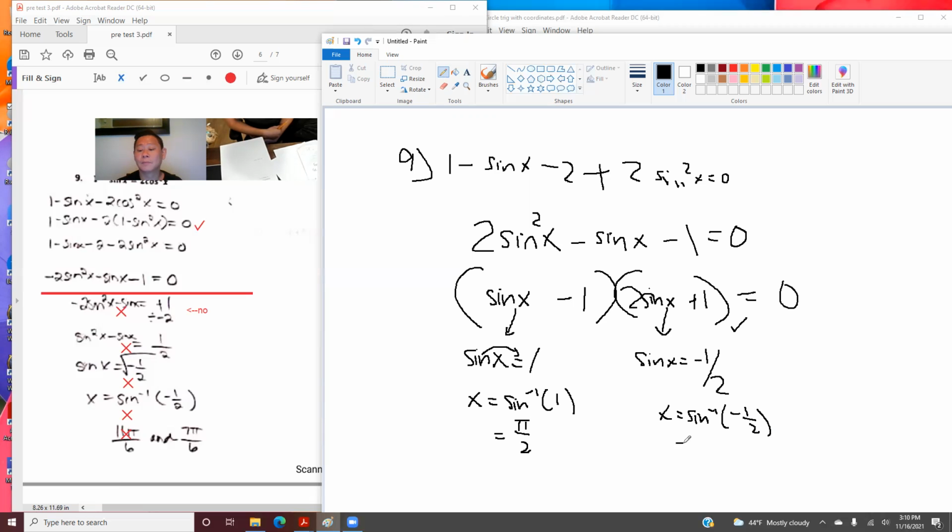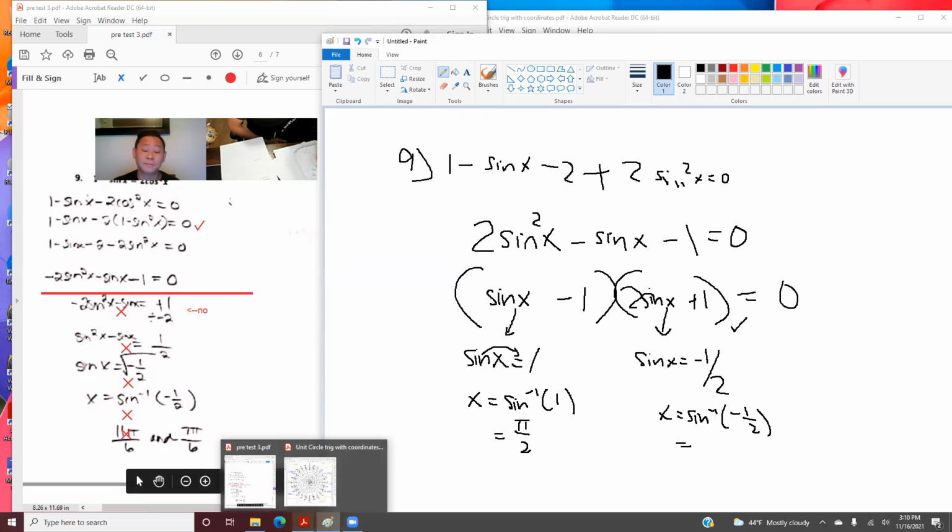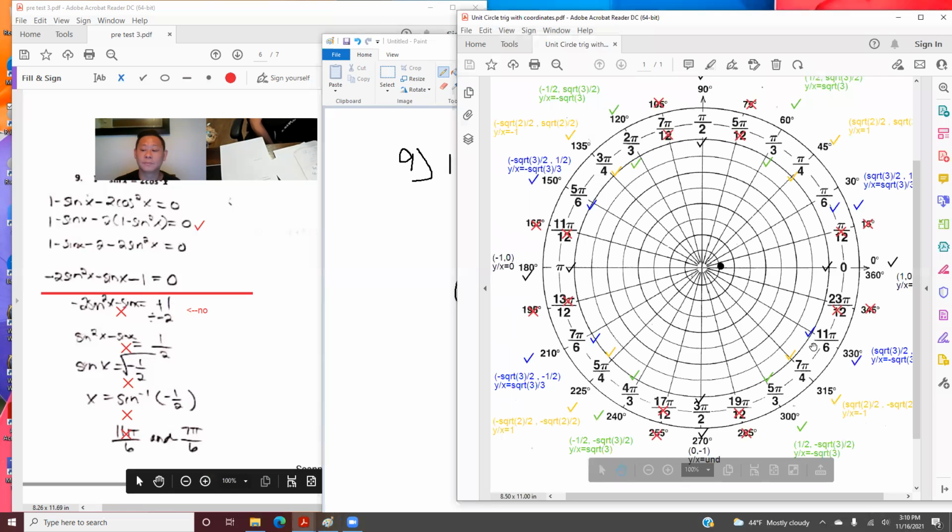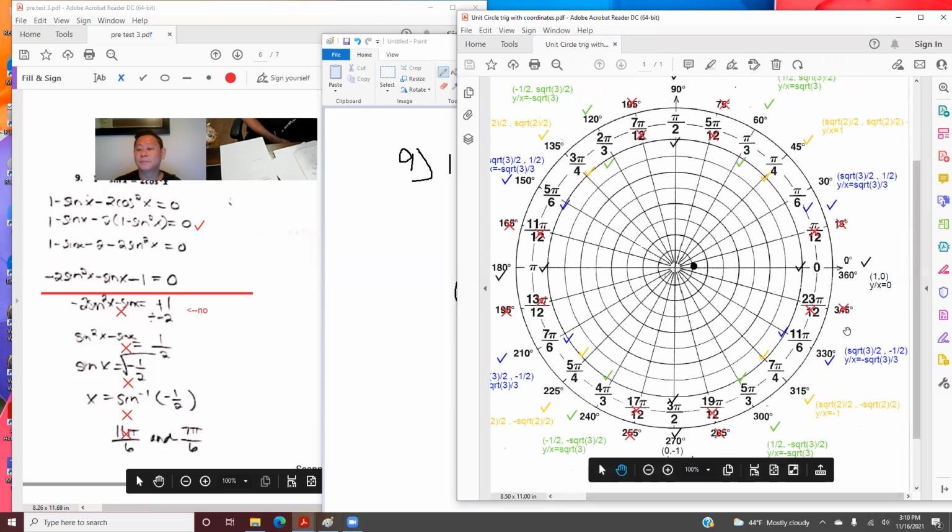The unit circle will help you. 11 pi over 6. Okay, what else? 7 pi over 6. Okay.